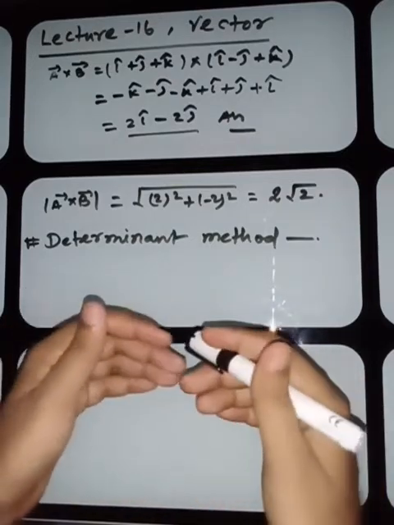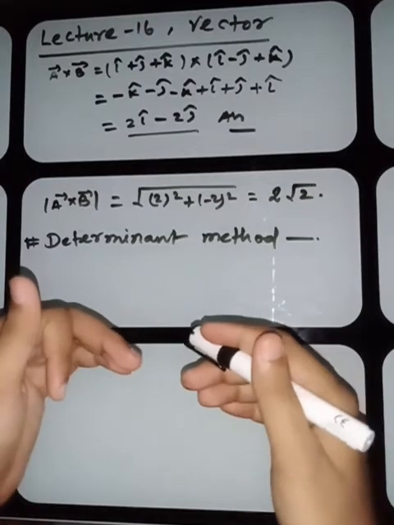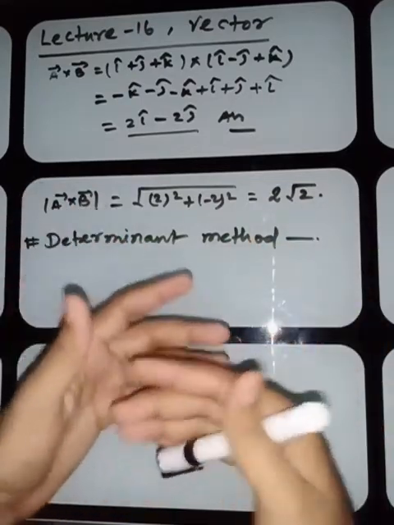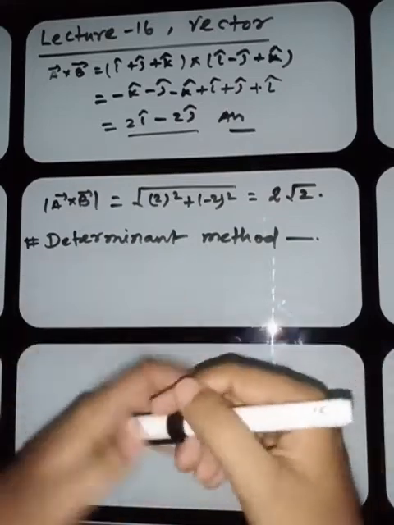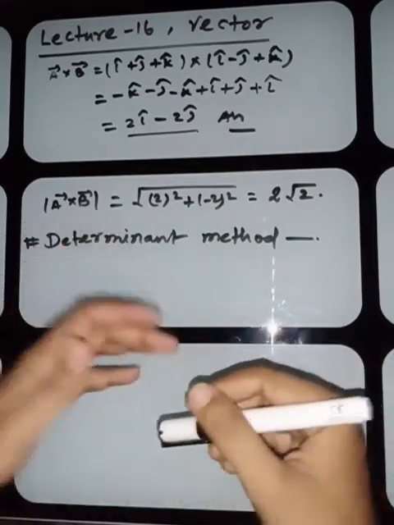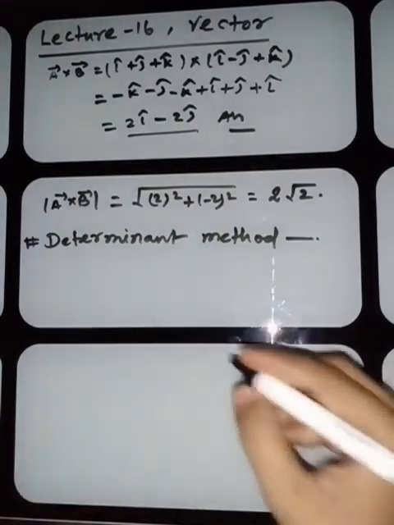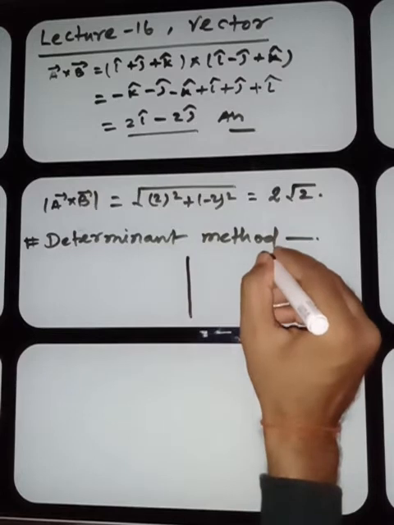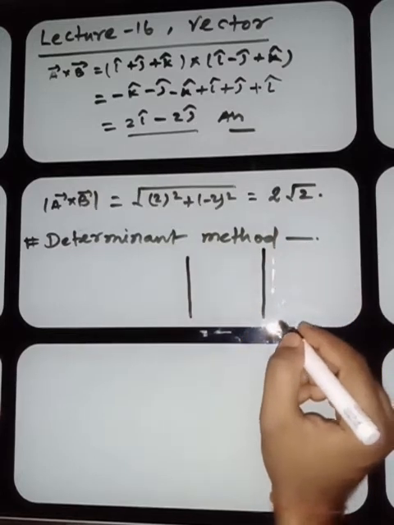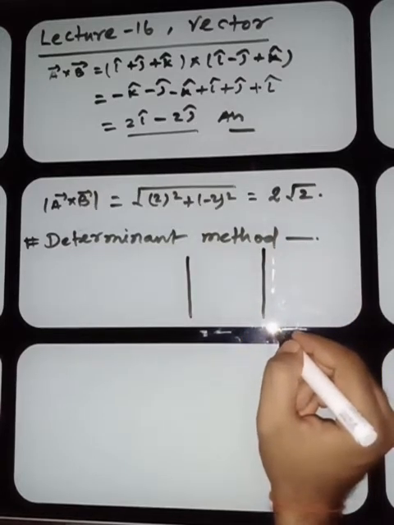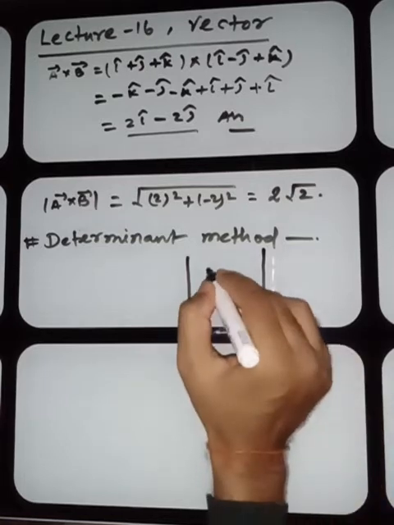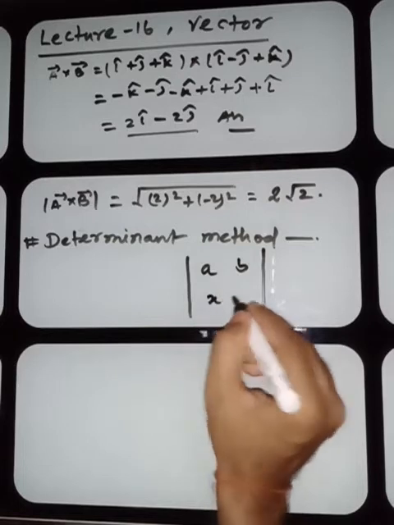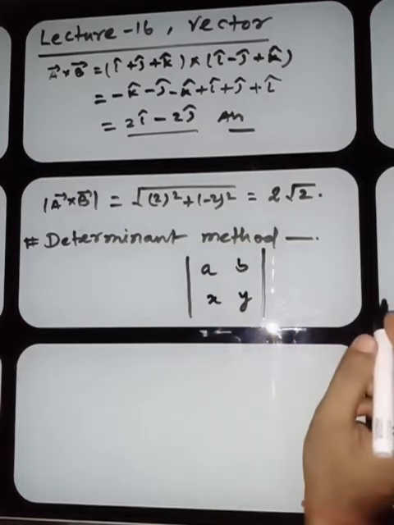In mathematics, you will study the determinant in very much detail. There are different types of determinants of different sizes, 2 into 2 and 3 into 3, but how does this determinant look? Try to understand here. This is the operator, and in this operator the members are put like A, B, X, Y. This is the determinant.